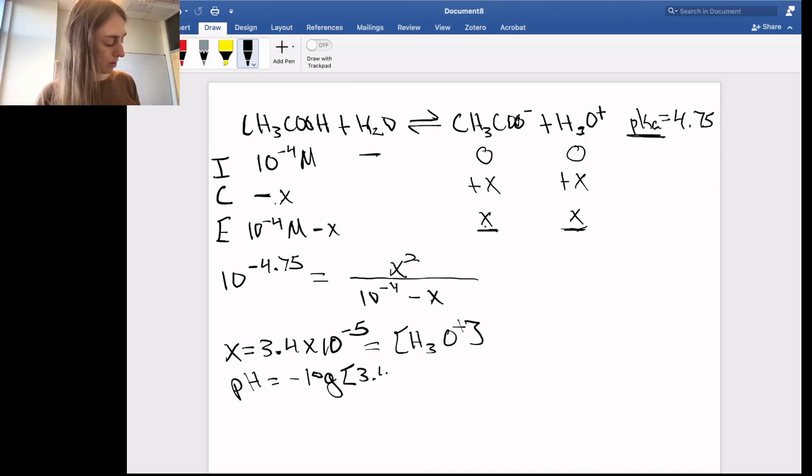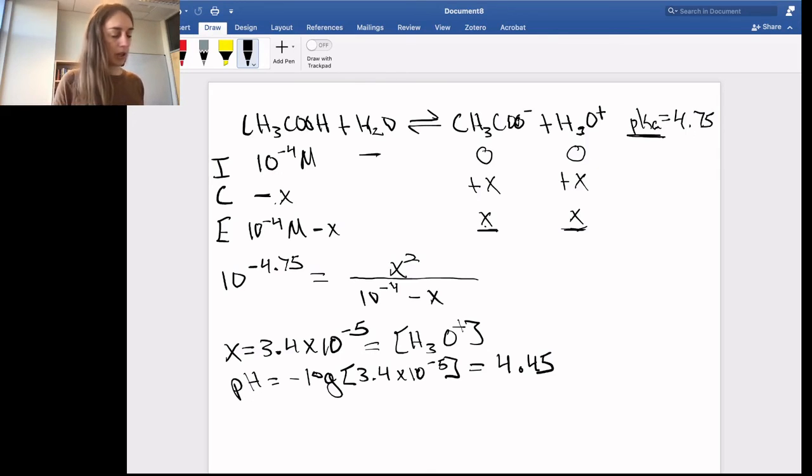And if we take the negative log, we will find out that our pH is 4.45.